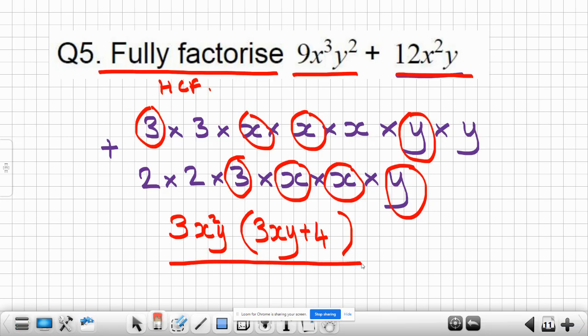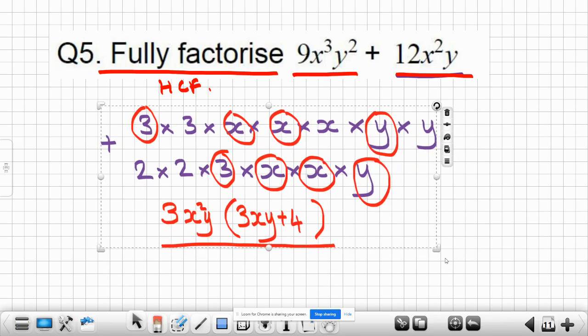Now, if we multiplied out the brackets, we would get back to where we started from. And that is one way of checking whether what you have put in here is correct. But let's just look at one more thing. Let's get clear in our heads that when we are fully factorising, we're not changing the value of this expression.